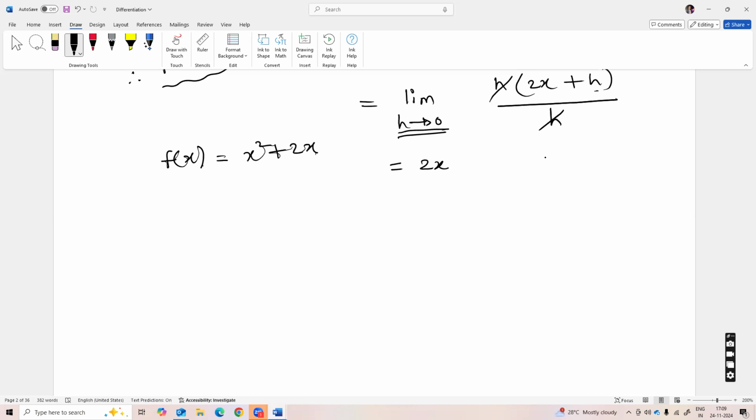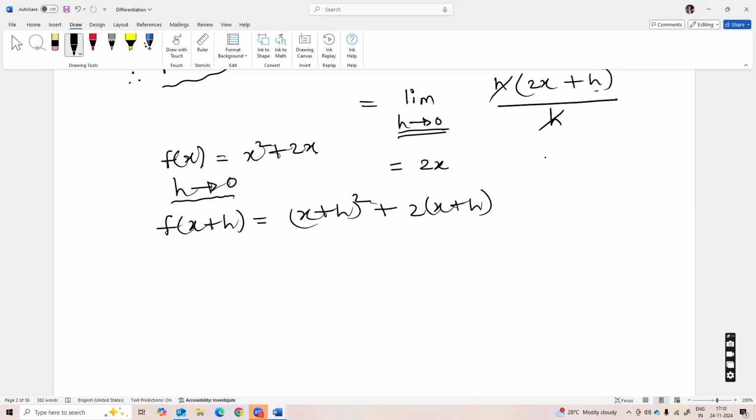So what you are doing is considering h tends to 0, means the increment is very small, you find out what is f of x plus h, and then you will get a value like (x plus h) square plus 2 into (x plus h).